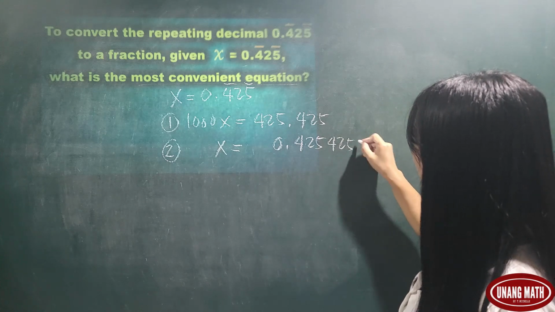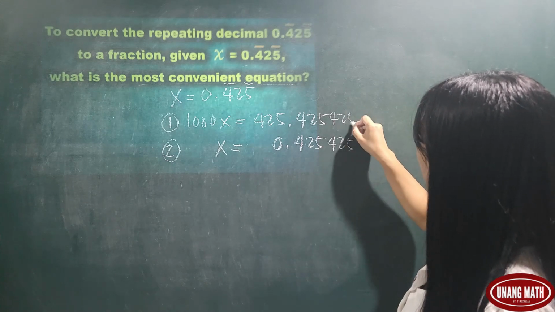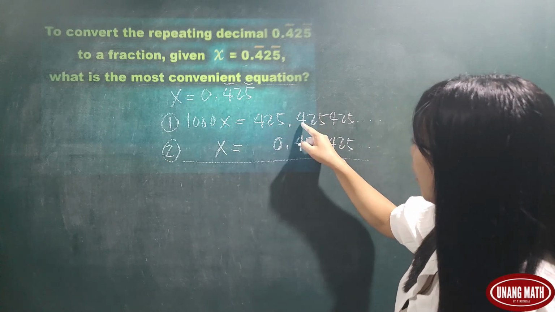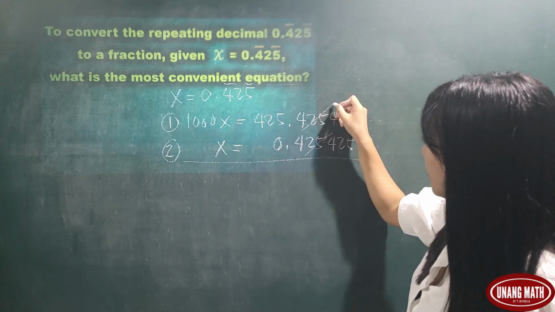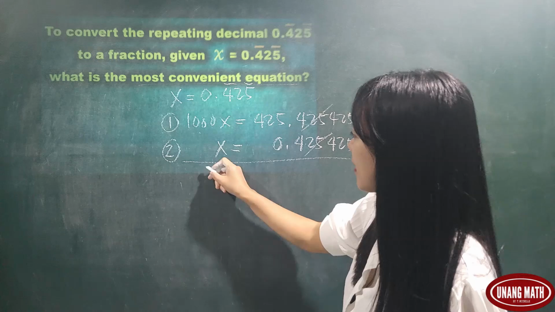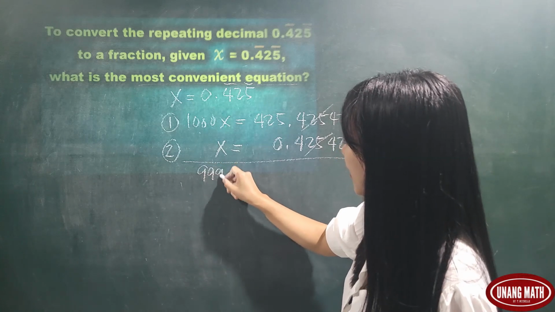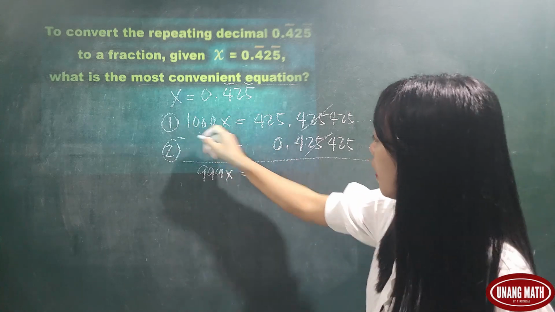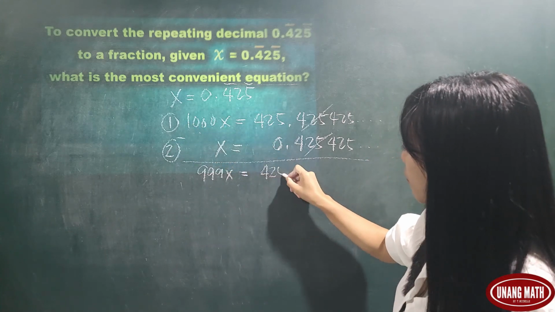So this is 425, this is also 425. Let's subtract. These repeating digits will now be cancelled. 1000x minus x is 999x, and 425 minus 0 is 425.